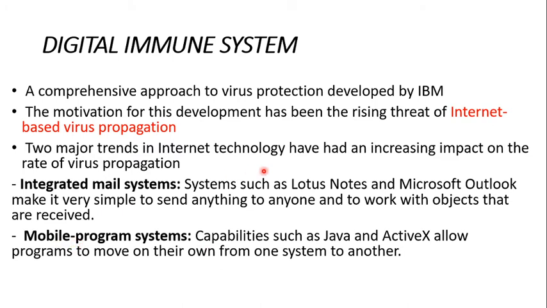These are the 2 major problems they were able to identify with respect to internet based virus propagation. Through the internet, viruses move from one location to another via the mail system and via mobile programs. So to have a solution for these 2 itself, the DIS, digital immune system antivirus scenario, came to the picture.